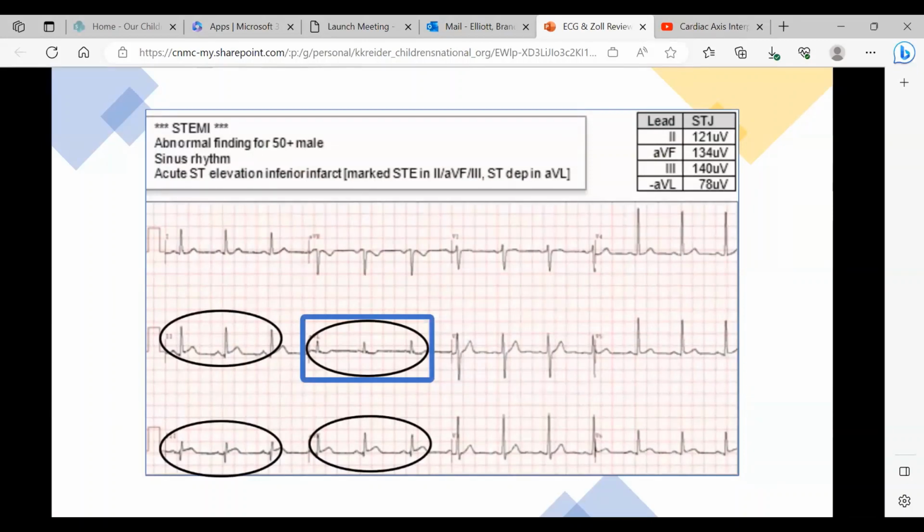So this will be a patient that we will remove our V4 over to do a right-sided, so we get another picture. So inferior, you do a right-sided. For V1, V2, V3, you do V7, 8, and 9. Right. But this one we would do right-sided?